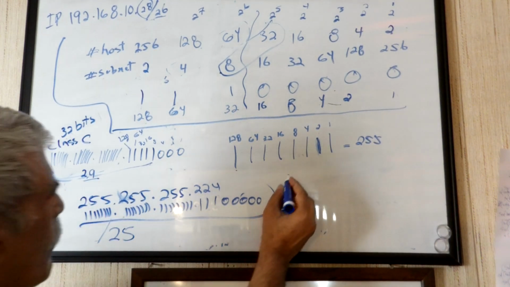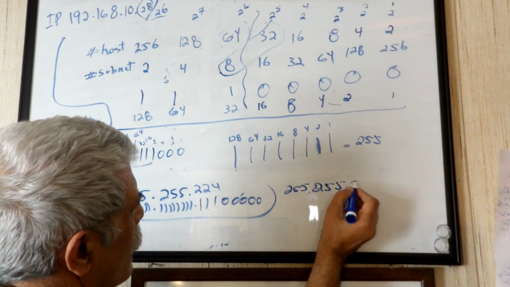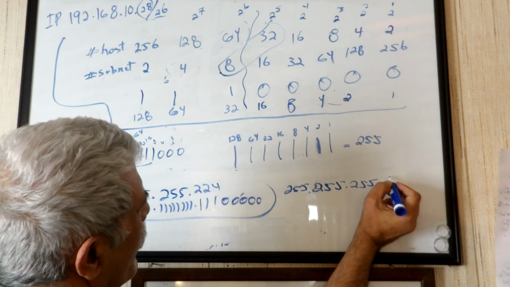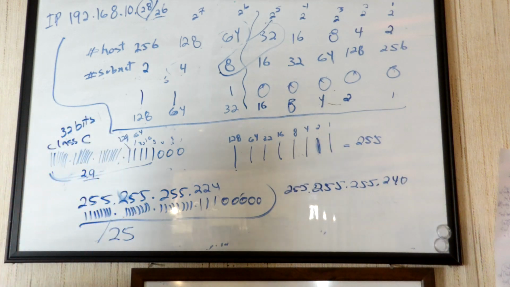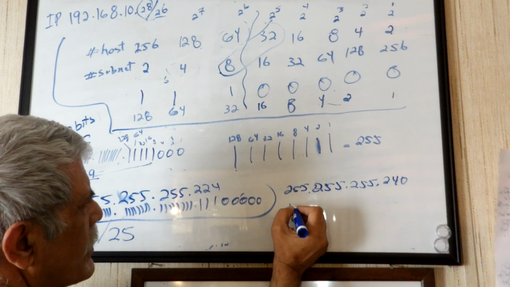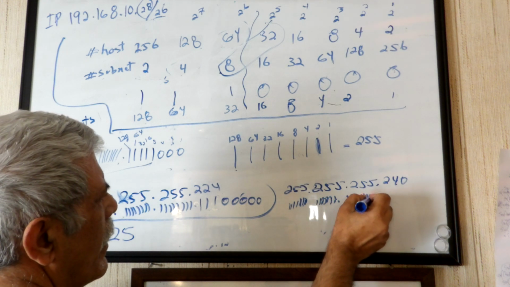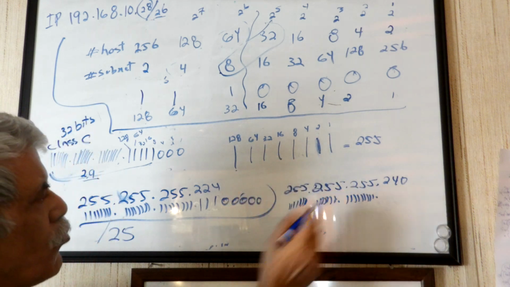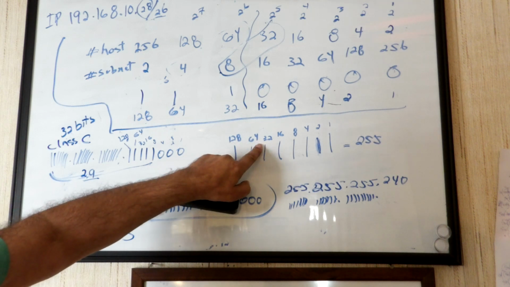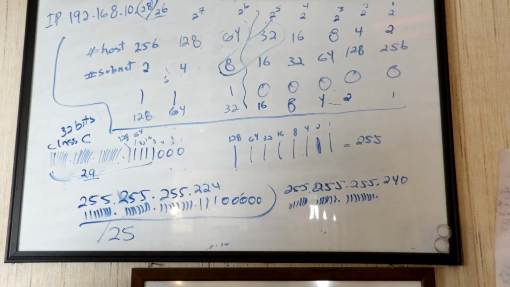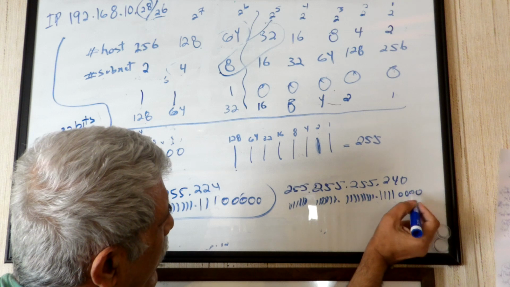If somebody asks you what is 255.255.255.240, you know this is 8 ones, then 24 ones, and 240 is 128 plus 64 is 192, plus 32 is 224, plus 16 is 240, so it's another 4 ones here.